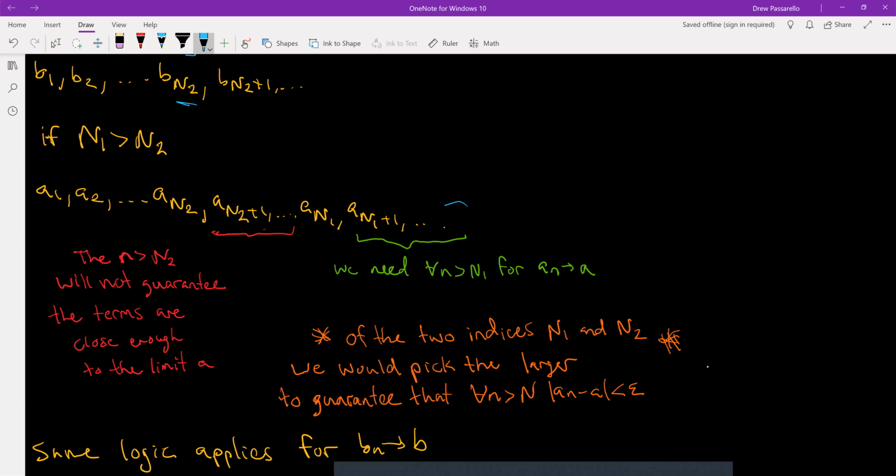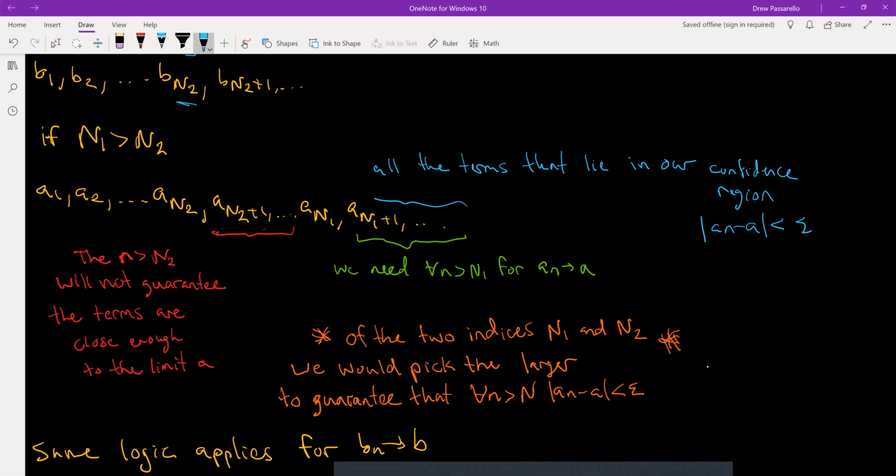So these are going to be all the sequence terms that lie in our confidence region, where the absolute value of a_n minus a will be less than some epsilon that we're using.